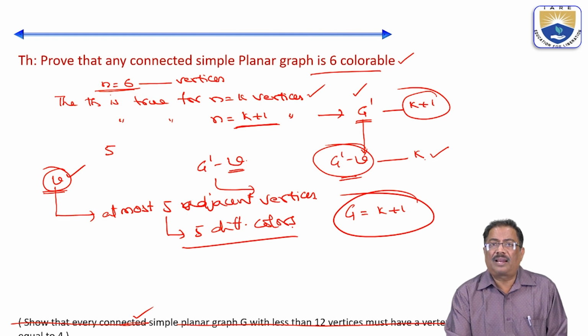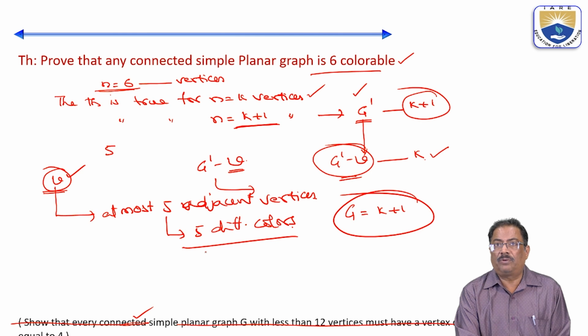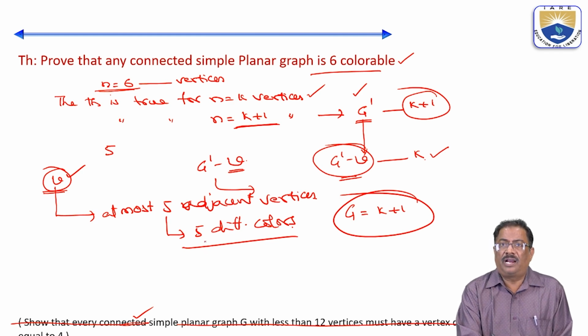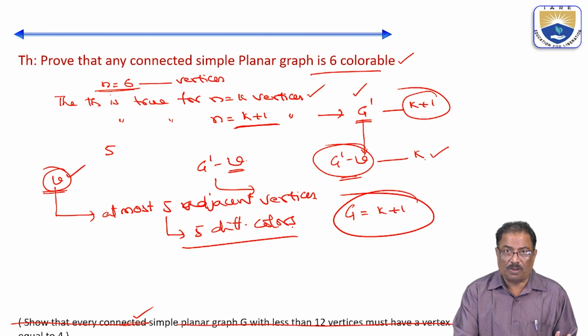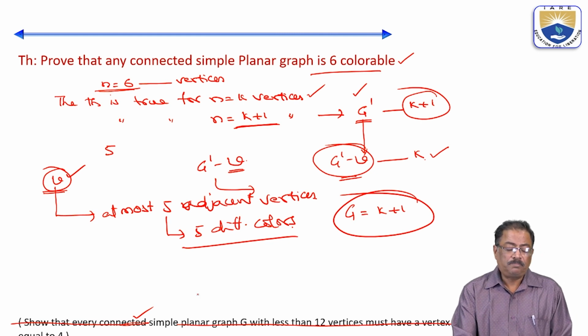And any planar graph, if I am going to consider, and any vertex in it, has at most 5 adjacent vertices. We discussed this in the previous sessions. So V also has at most 5 adjacent vertices. These 5 adjacent vertices will have 5 different colors to make the graph properly colored. And of course for the given vertex V, we are going to assign one more color.